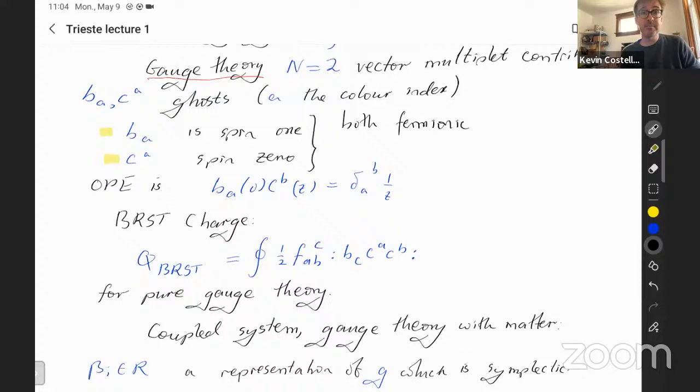As in any ghost system, one has to add on the BRST charge. And the physical Hilbert space, or space of local operators, will be the BRST cohomology. So here is the formula for the BRST charge. And again, it might remind you of something you've seen in the string theory literature, except it's a little simpler.